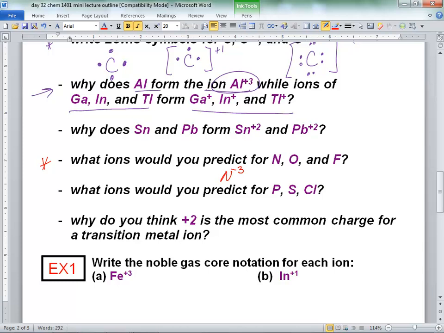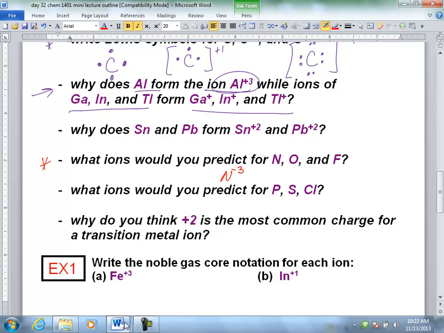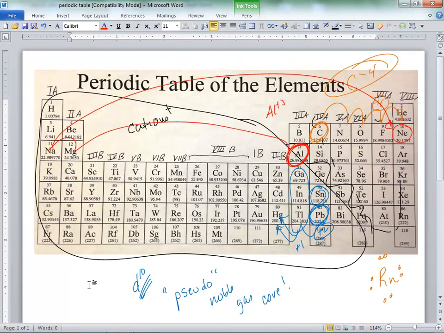Negative, exactly. Right? Because it has to, where's nitrogen? Nitrogen is right here. So it has to gain 1, 2, 3. Because it had 5 valence. Or you can look at it this way. This is really what we're doing now. You want to get to 8. You've got 5, so you get 3 more electrons. Then you'll have the octet. So N minus 3. What did we call N minus 3?